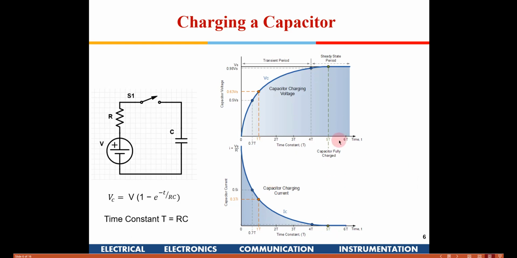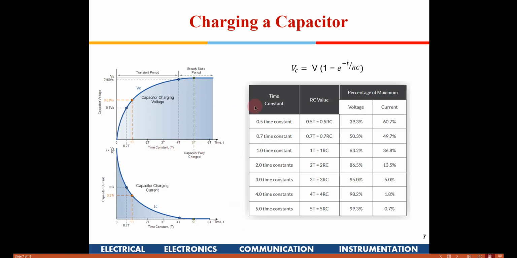So that is how we generally design a circuit. If we want the circuit to be stabilized at 5t, then we select RC in such a way that at 5t it is getting fully charged. So that's the design. Whenever we design, we assume 5 RC is the time required for this system to get into a stable state. These are various time constants.